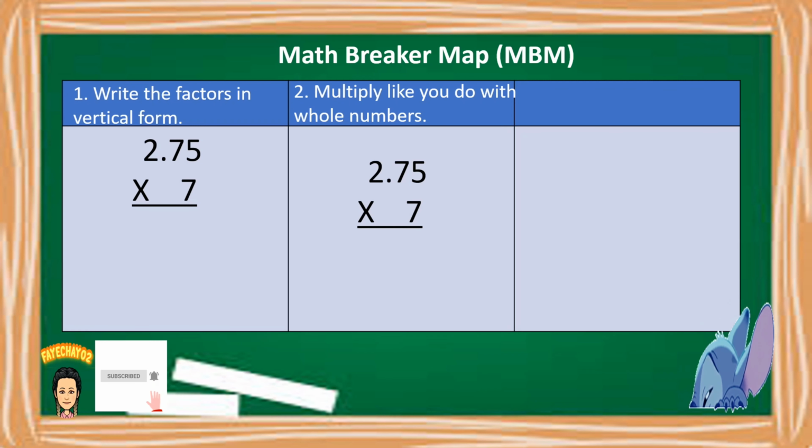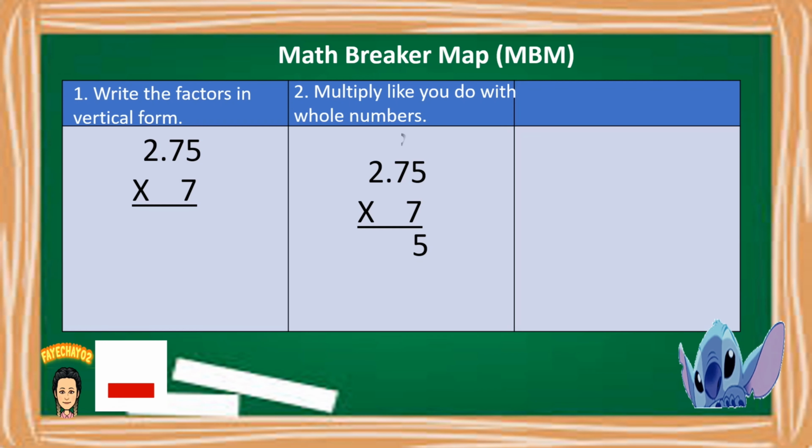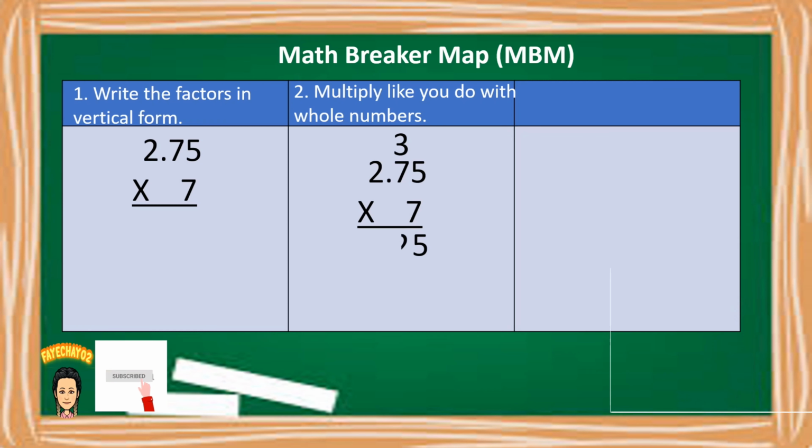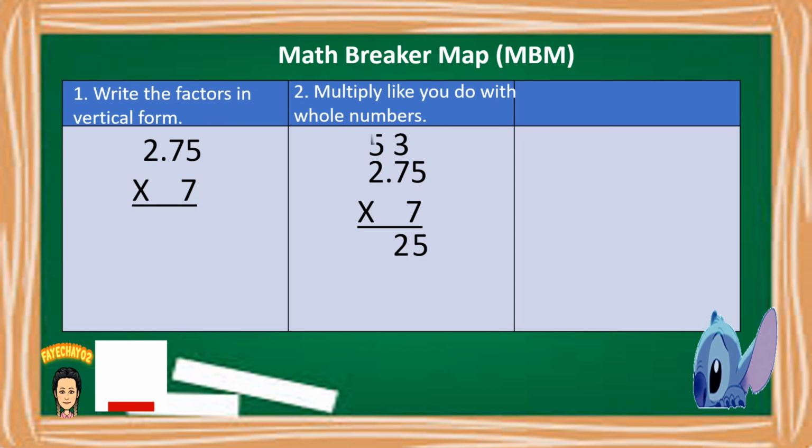So we can now multiply 2.75 times 7. 7 times 5 is 35. 5 regroup 3. 7 times 7 is 49, plus 3 is 52. 2 regroup 5. 7 times 2 is 14. 14 plus 5 is 19.